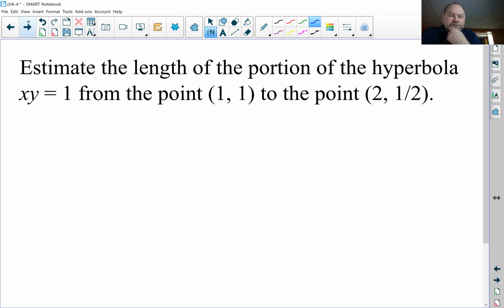All right, the first thing I would do is solve that equation either for x or y. Out of convention, I always solve it for y. Notice it says estimate, so we're not going to be able to find this exactly.